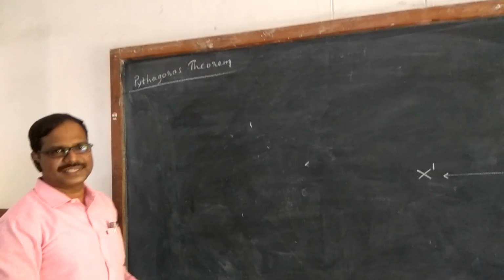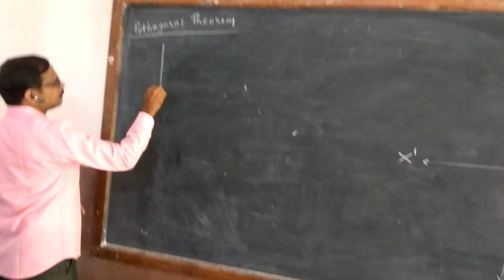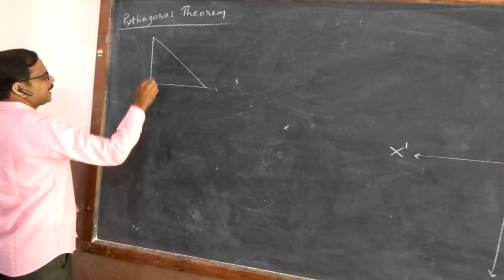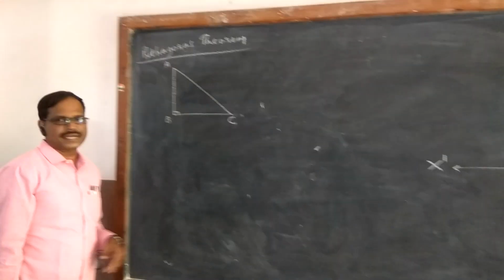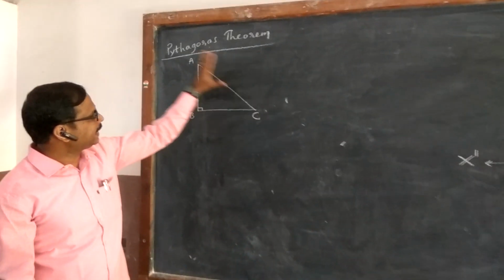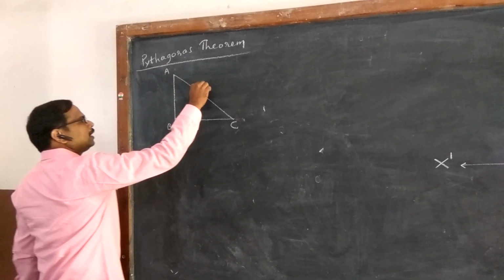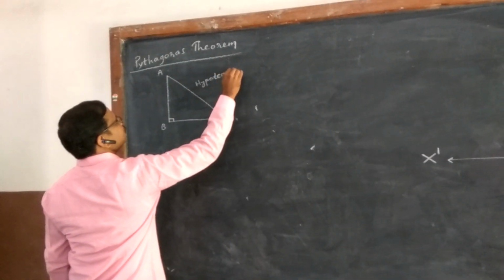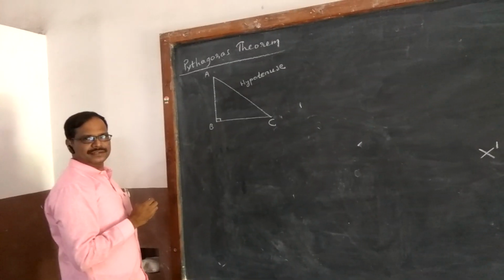Pythagoras theorem states that in a right angle triangle, with the right angle at B, this is called the hypotenuse, and these two sides are called perpendicular sides.